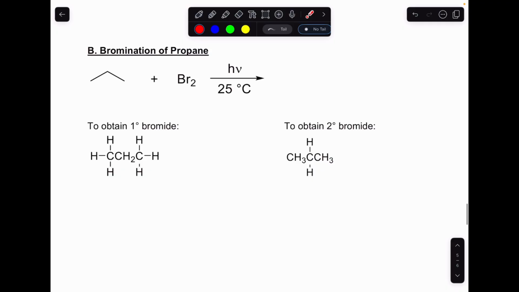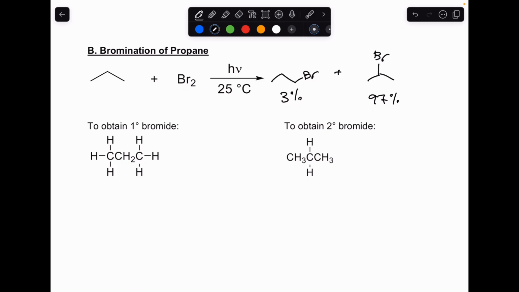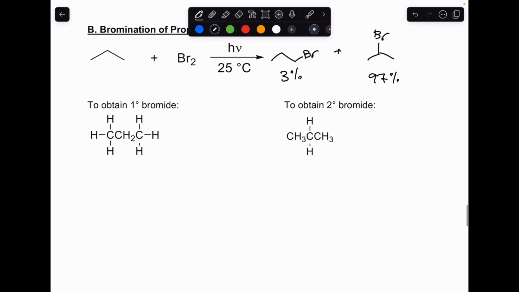Now let's apply this to bromination. Similar results will be obtained, but with even higher regioselectivity is what we observe. The primary bromide is obtained in about 3% yield, whereas the secondary bromide is obtained in about 97% yield among all the products, right?